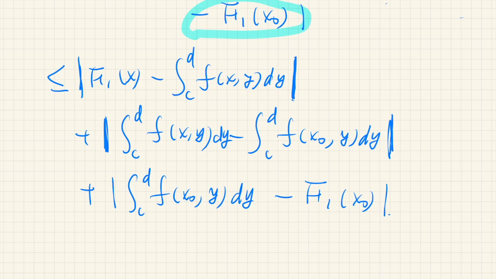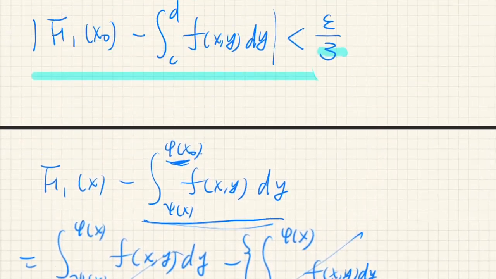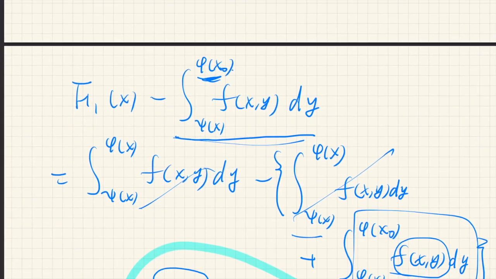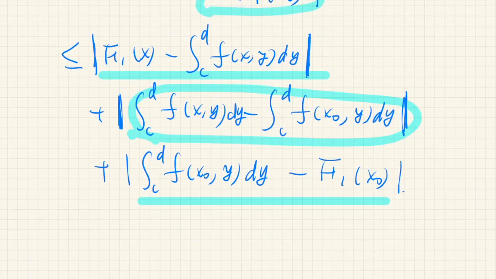Now, if you remember, this and this, where is it? They are here, right? So they are both less than epsilon over 3. And this one, we can combine them together because the range of integration is the same.